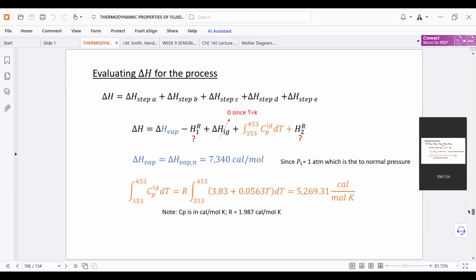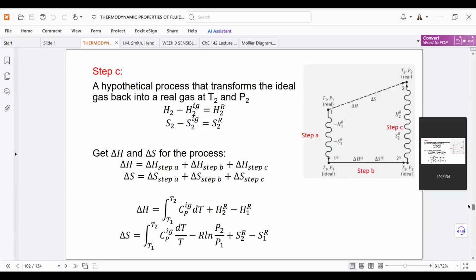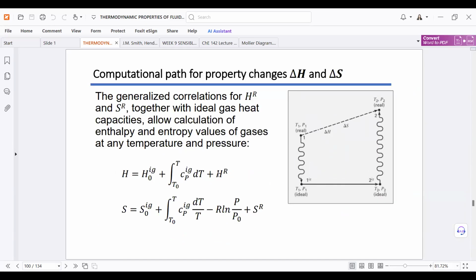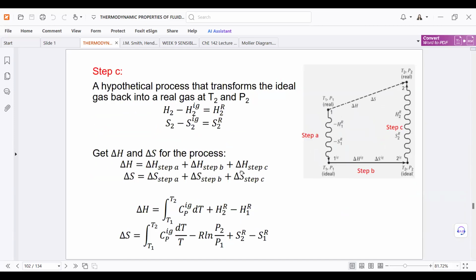for delta H. This one. We first solve for delta H using this equation.